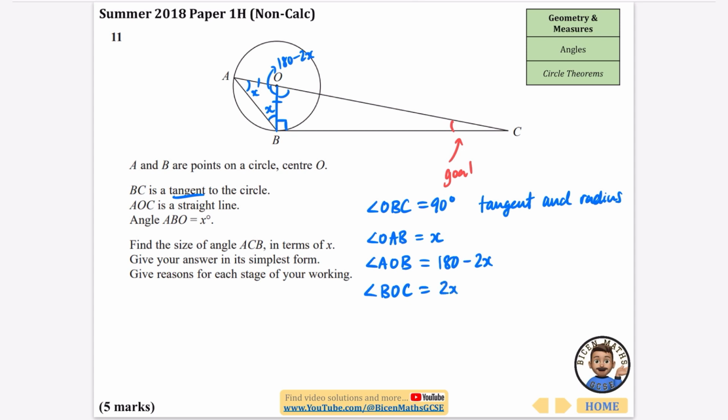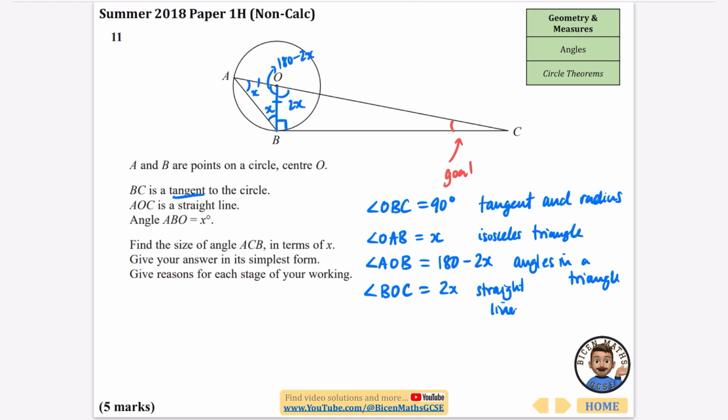So, I didn't say that the reason for this was isosceles triangle, and this was angles in a triangle. And the reason that that one must be equal to 2x is because it is a straight line. So this one must be equal to 2x.